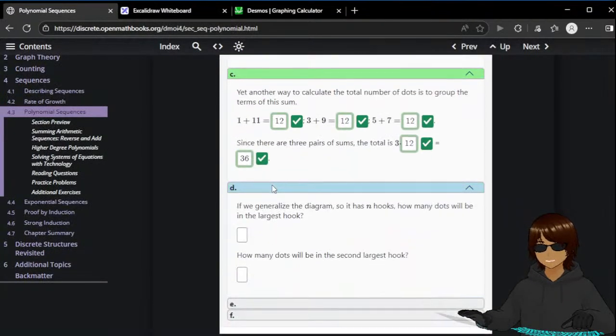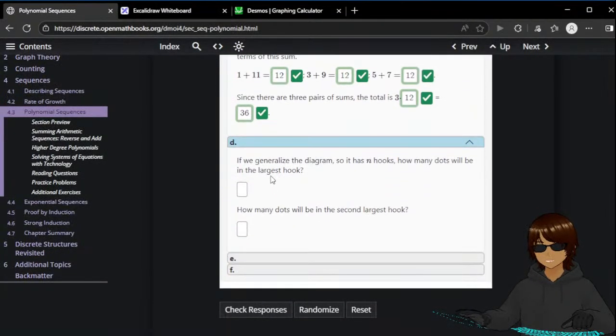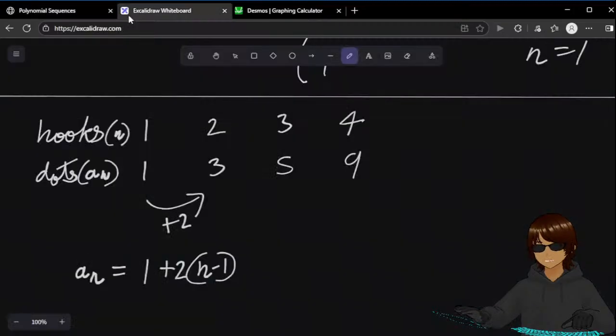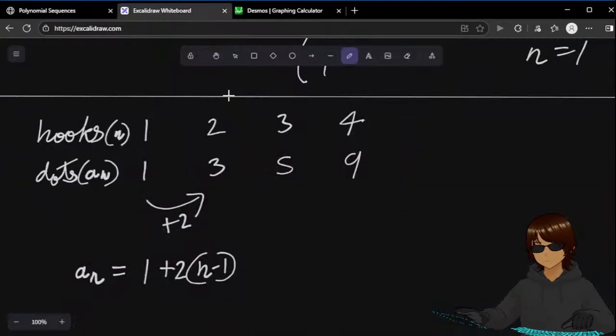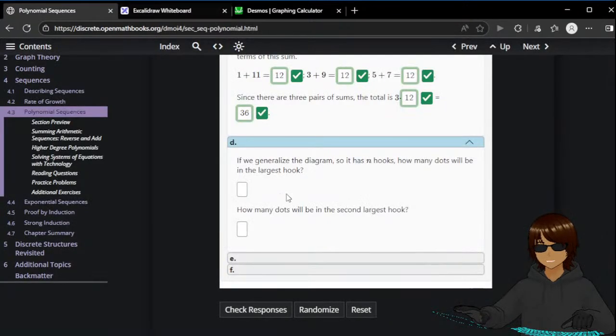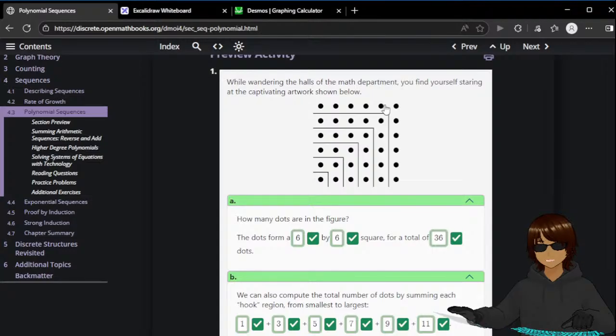This is the sequence. How many dots will there be in the largest hook? 1 plus 2n minus 2. Let's just check if this is correct. If there are 6 hooks, 1, 2, 3, 4, 5.